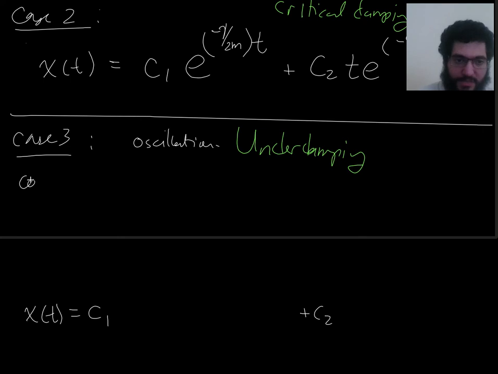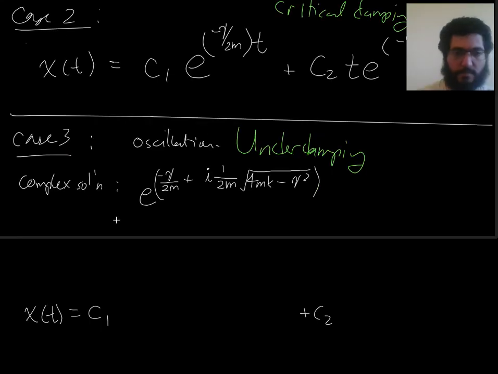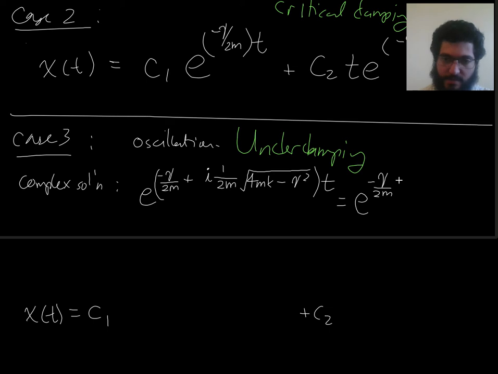So the complex solution that we got, e to the, let me just copy it over. Okay, there, it's copied over, and times t here. So e to that thing times t. And that we could break up like this, e to the negative gamma over 2m t times e to the i, this thing. So maybe I can find a better way to write this.